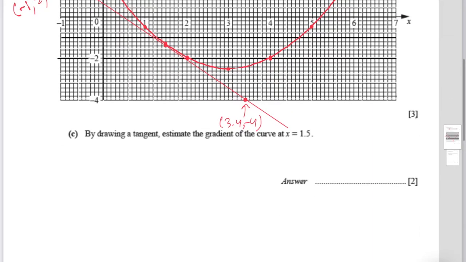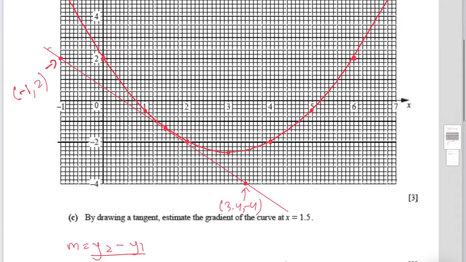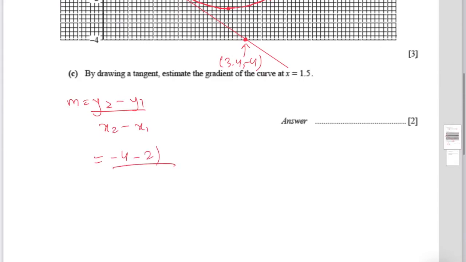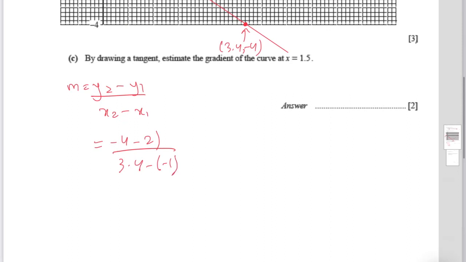So let's find the gradient. The formula for the gradient is y2 minus y1 over x2 minus x1. y2 is negative 4 minus y1 is 2 over 3.4 minus 1.